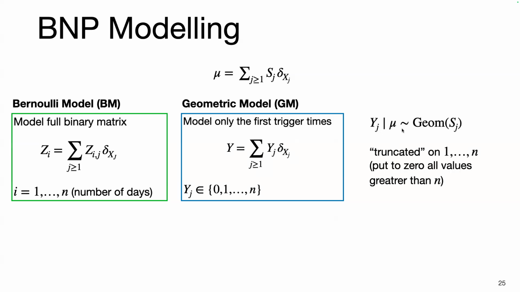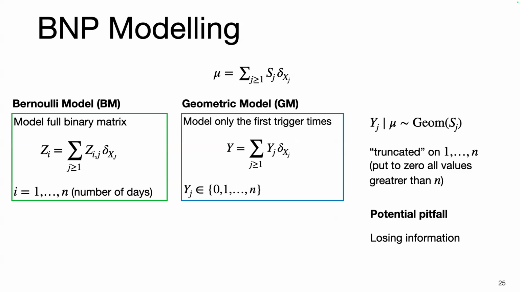And we assume that y_j given mu follows a truncated geometric distribution, which means that it is just a geometric distribution on 1 to n, where n is the number of days. And we put to 0 all the values of y_j that are greater than n, meaning that we don't observe that specific user.